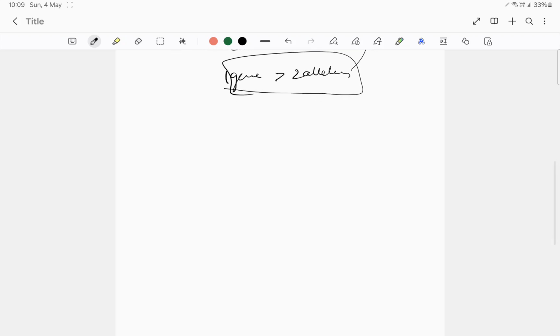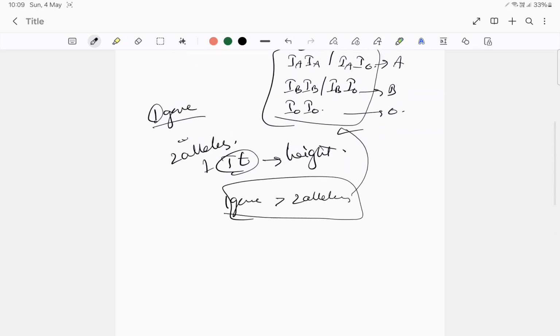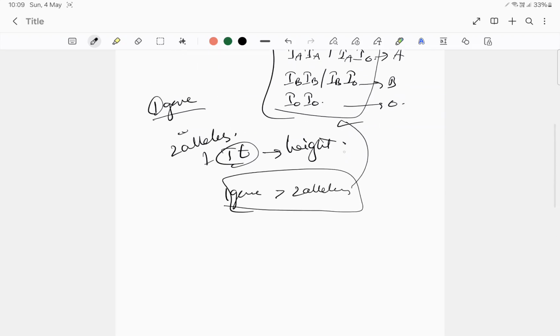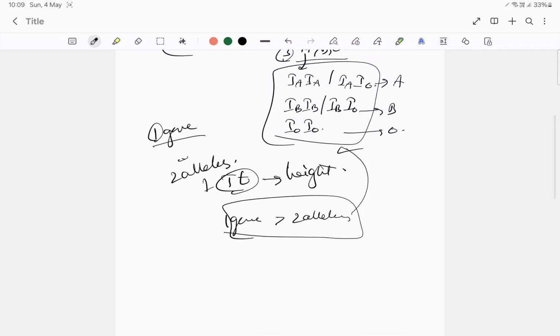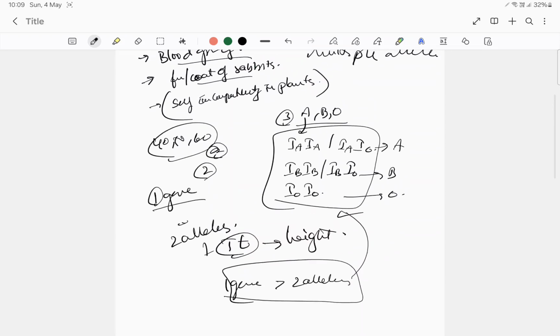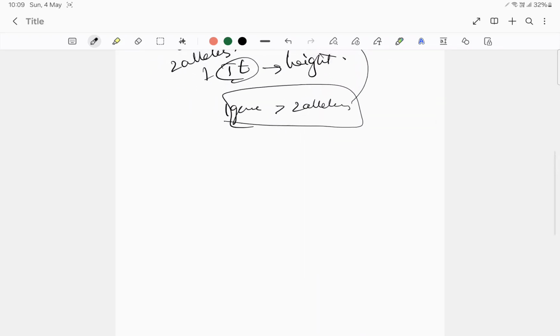And one more thing you have to remember: let there be any number of alleles present, for example 40, 50, 60, any number x of alleles, but only two will be present to form that. For your simple understanding, I will explain this with self incompatibility very carefully and neatly.